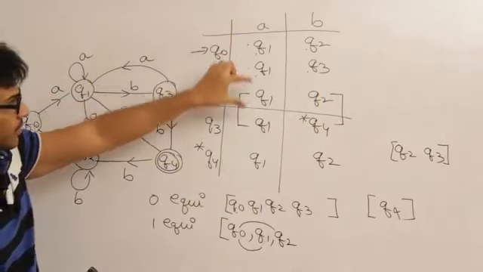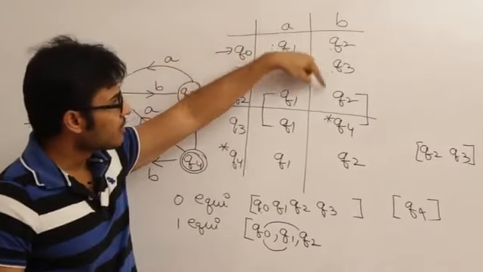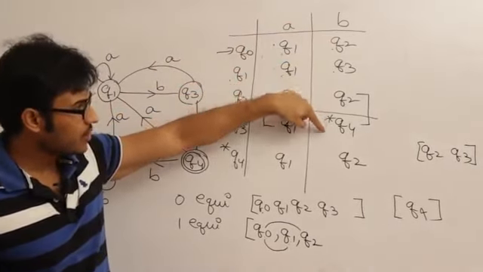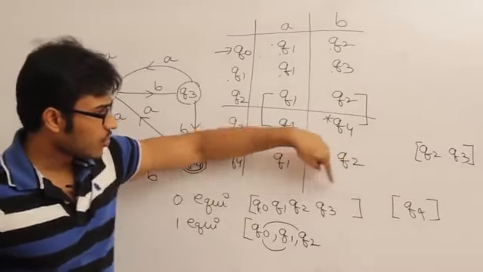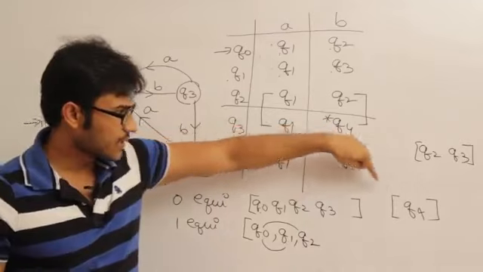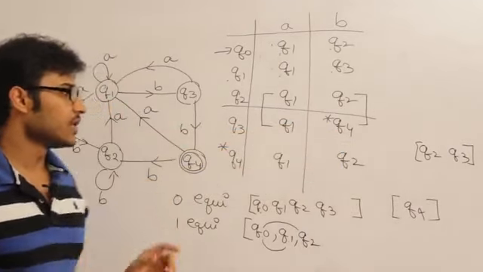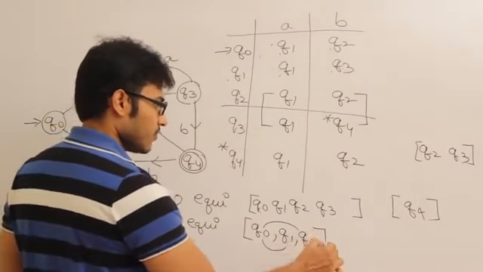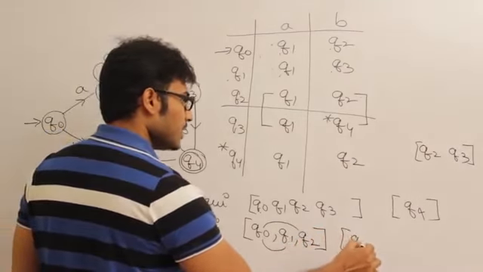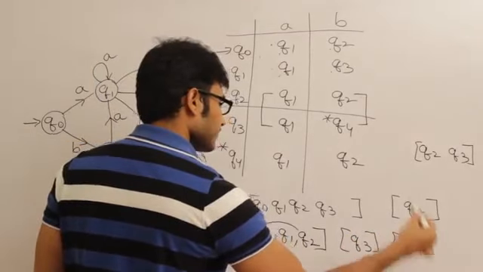On A, they both are going to Q1, so on A it is not a problem, but on B, one is going to Q2, the other is going to Q4. So both are going to different groups here. Since they are going to different groups, they are not one equivalent. Therefore, Q3 alone is not one equivalent with the others.